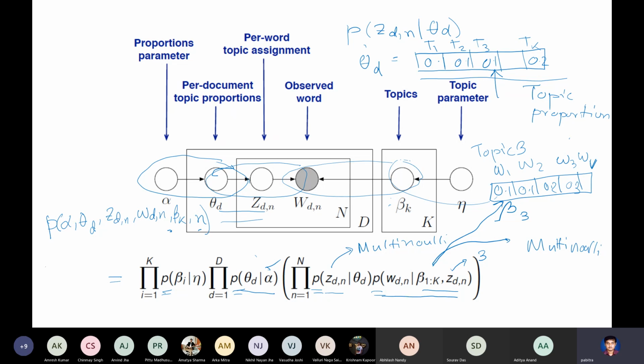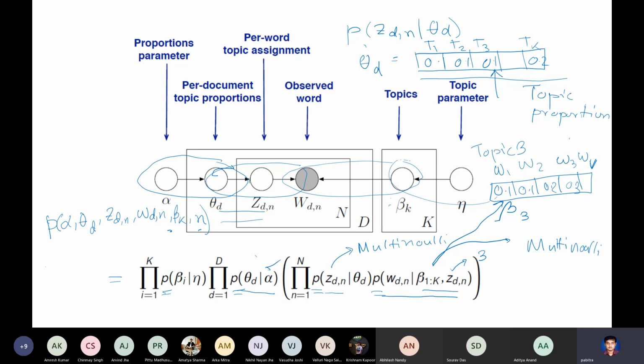Note that each theta d vector is itself a multinomial distribution. So this alpha distribution is a distribution because a sample from alpha is a multinomial distribution, a theta vector.